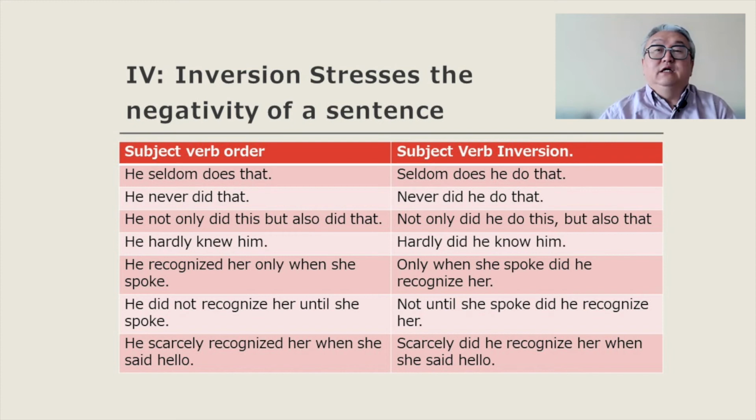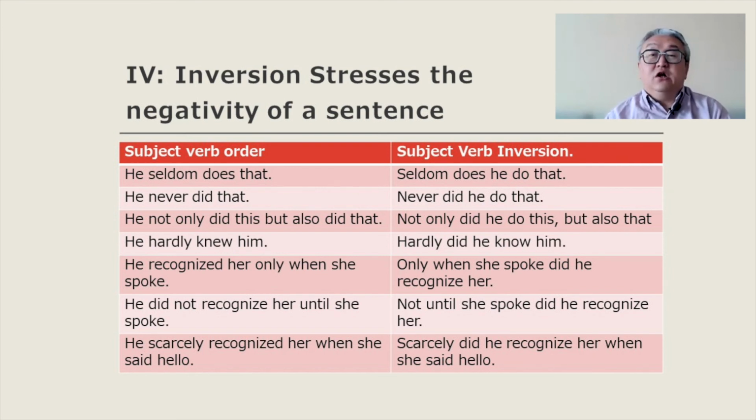Now, the situation number 4, inversion stresses the negativity of a sentence. What does that mean? The title is just trying to help you. You look at the examples, you know exactly what it means, right? For example, if I make a sentence, I say, he seldom does that. In this case, we know it's a negative sentence. Seldom means hardly ever, almost never.